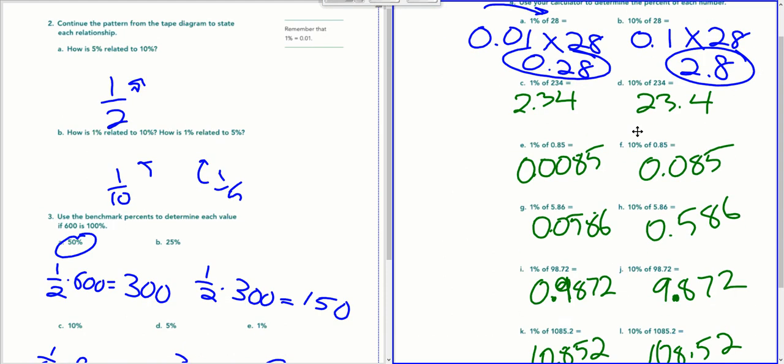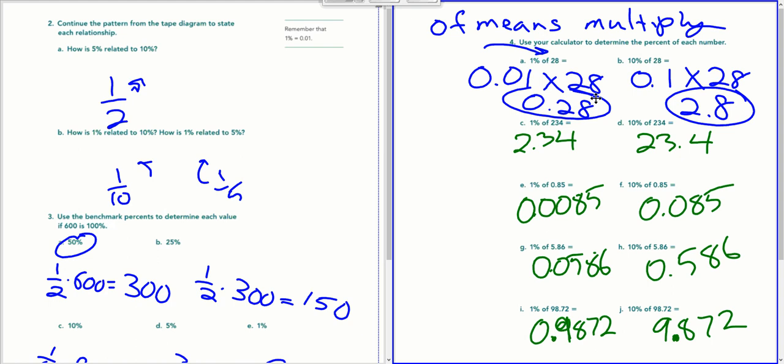Okay. So number 4 says use your calculator to determine the percent of each number. A is 1% of 28, which is 28 hundredths.